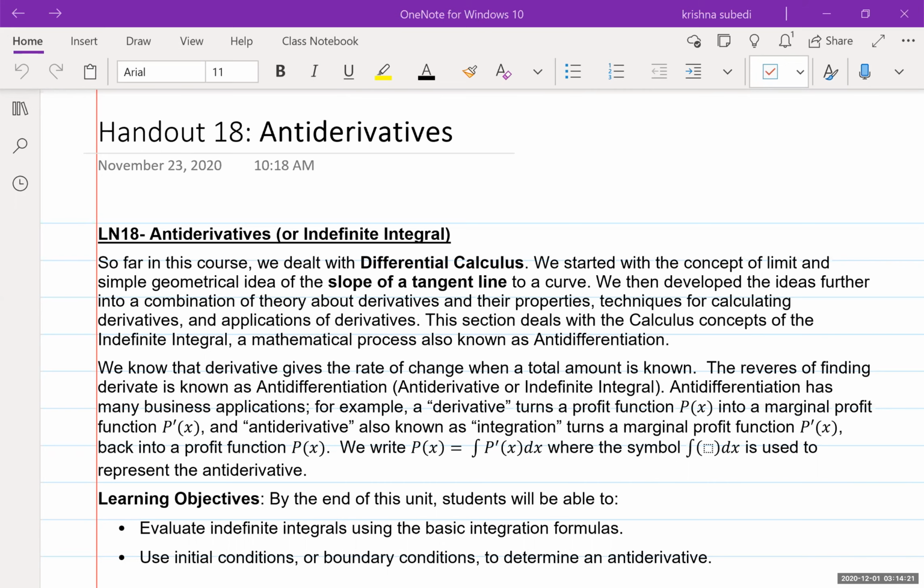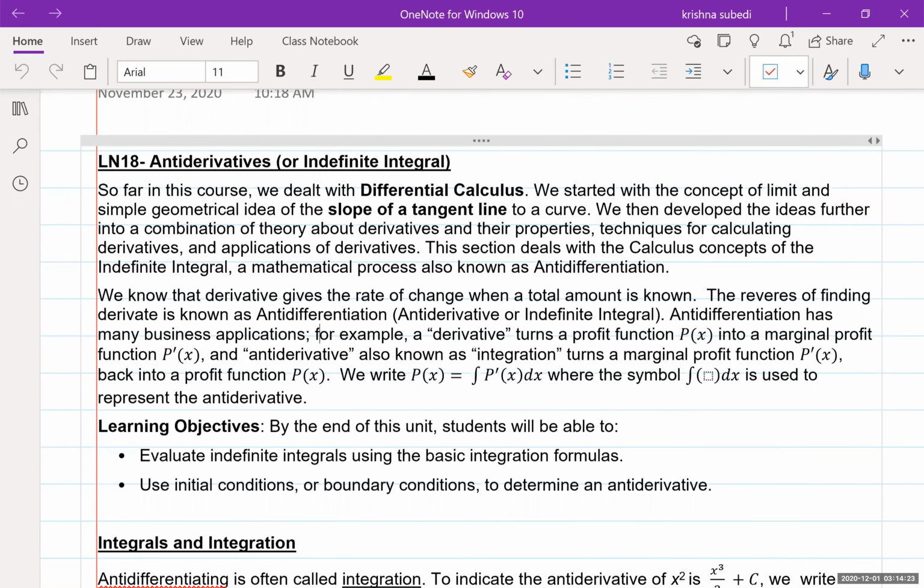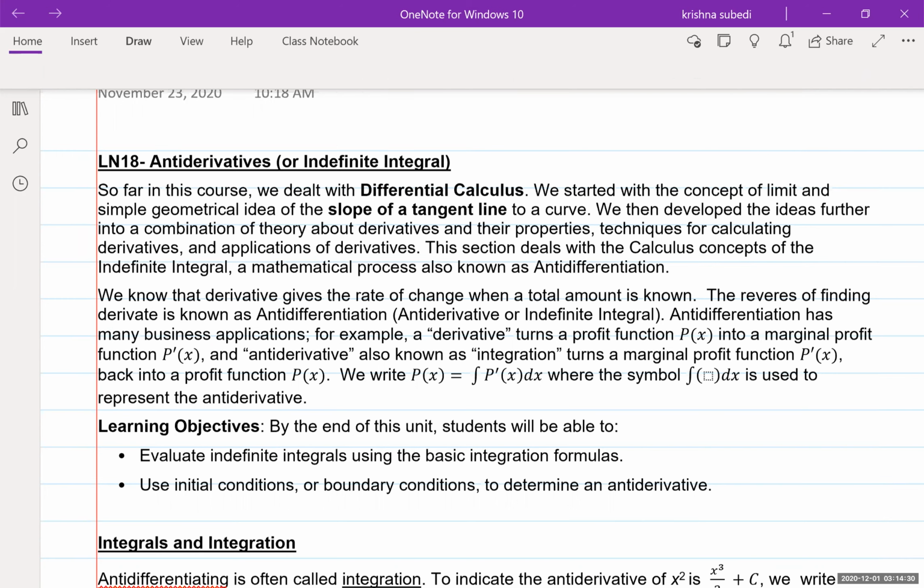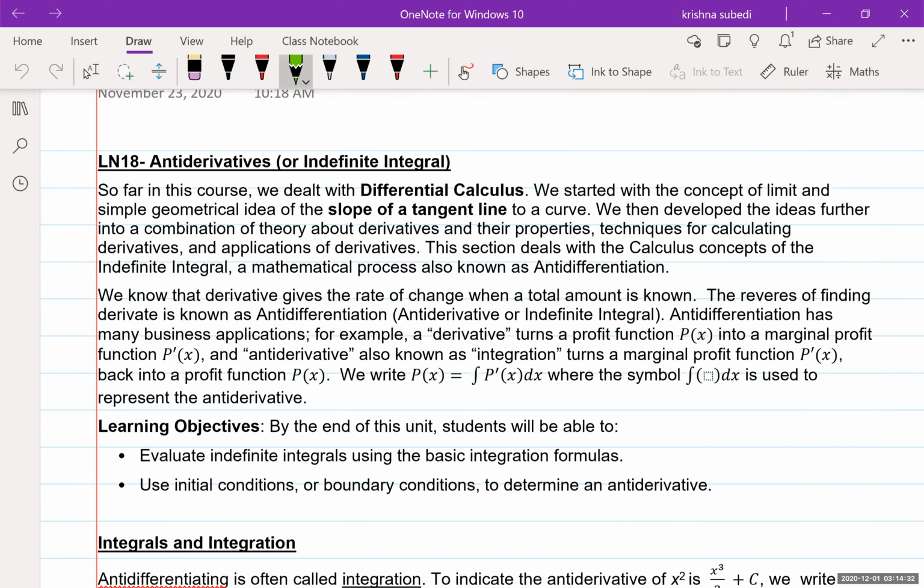Antiderivative. Let me just recap what we did in this course so far. We started with the concept of limit and the simple geometrical idea of the slope of a tangent line to a curve.